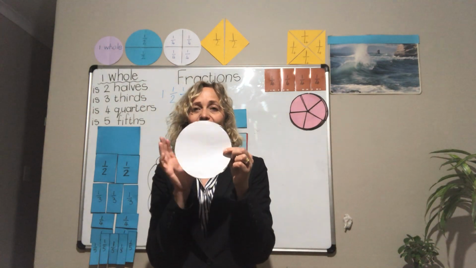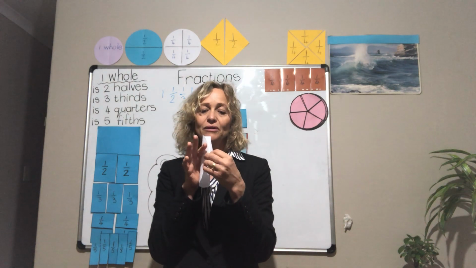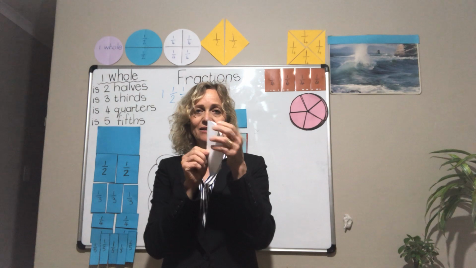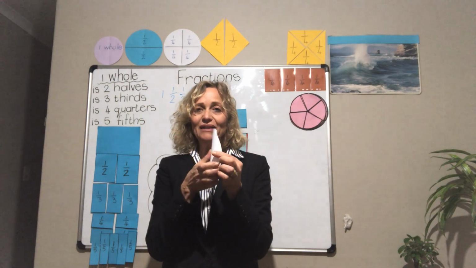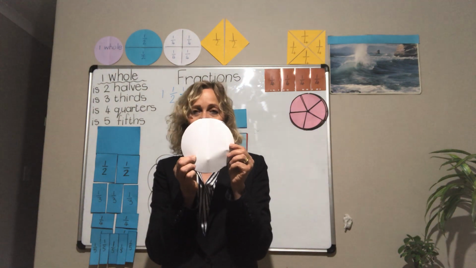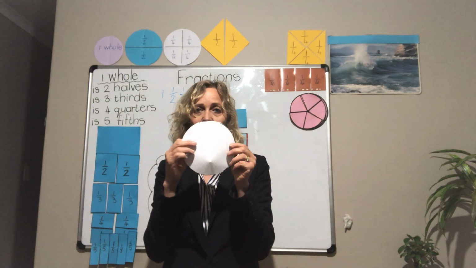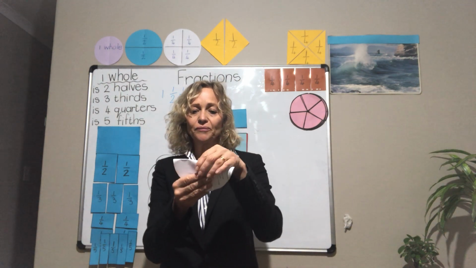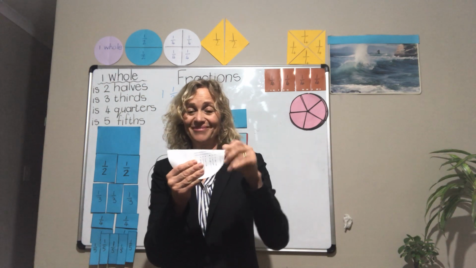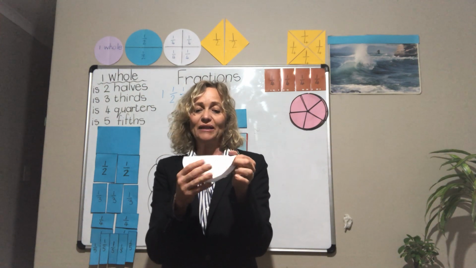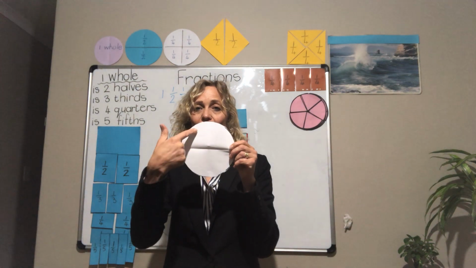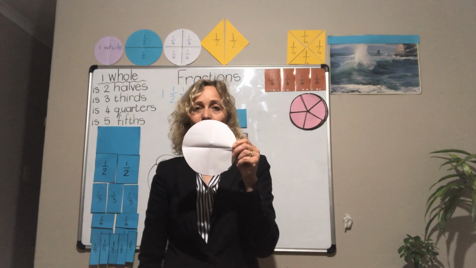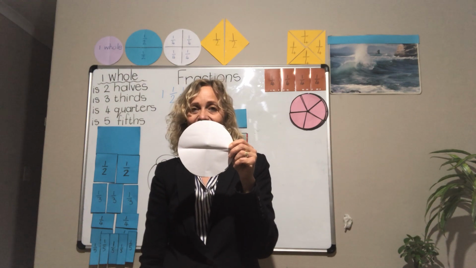Okay, so I'm going to fold my circle into half. Right. And when I open it, I have 2 equal parts called 2 halves. Now I'm going to fold my circle into quarters. And when I open it, I would have 1, 2, 3, 4 quarters, right?